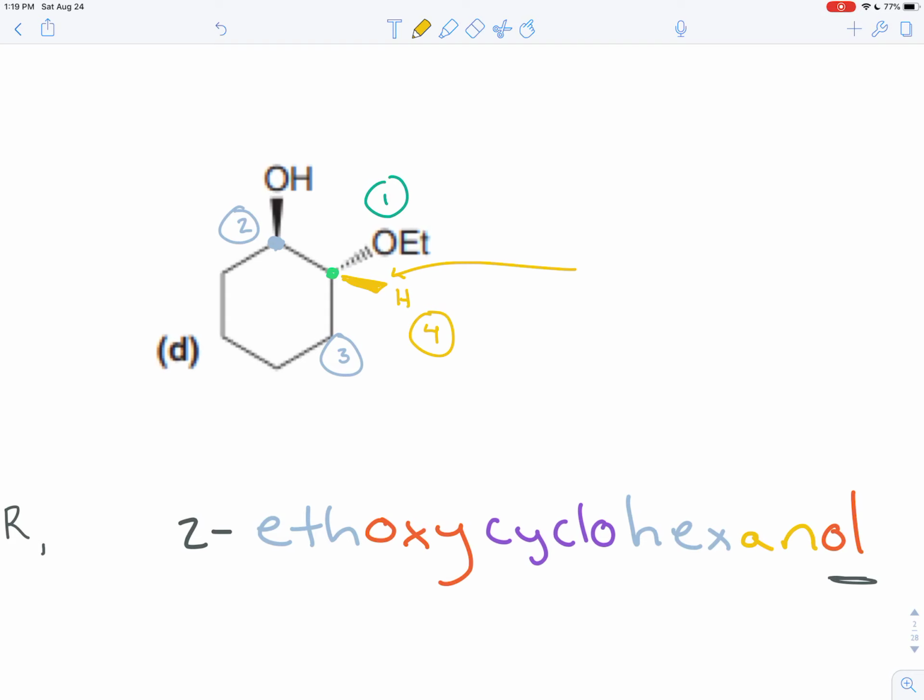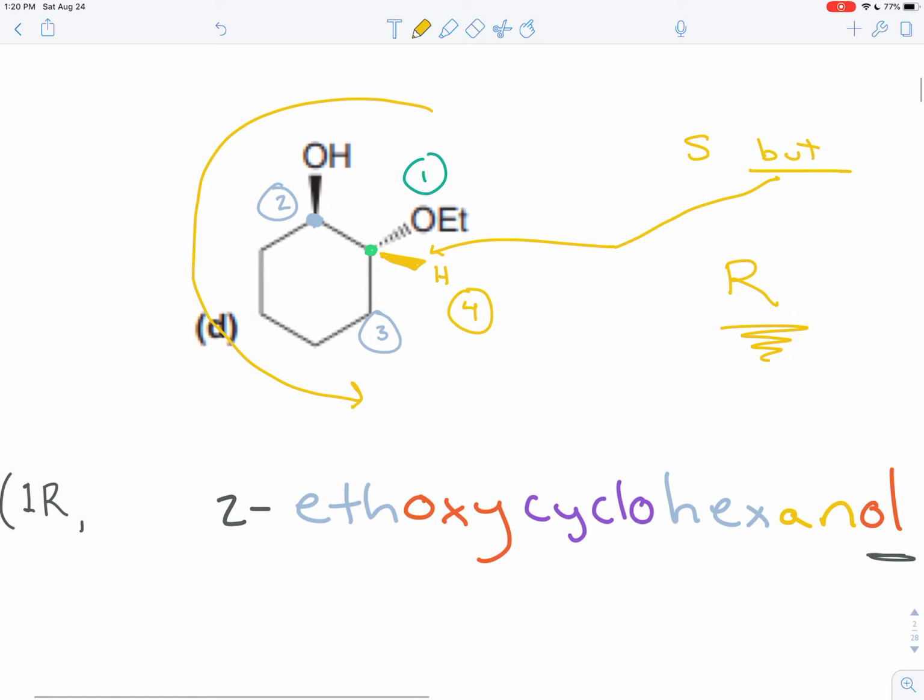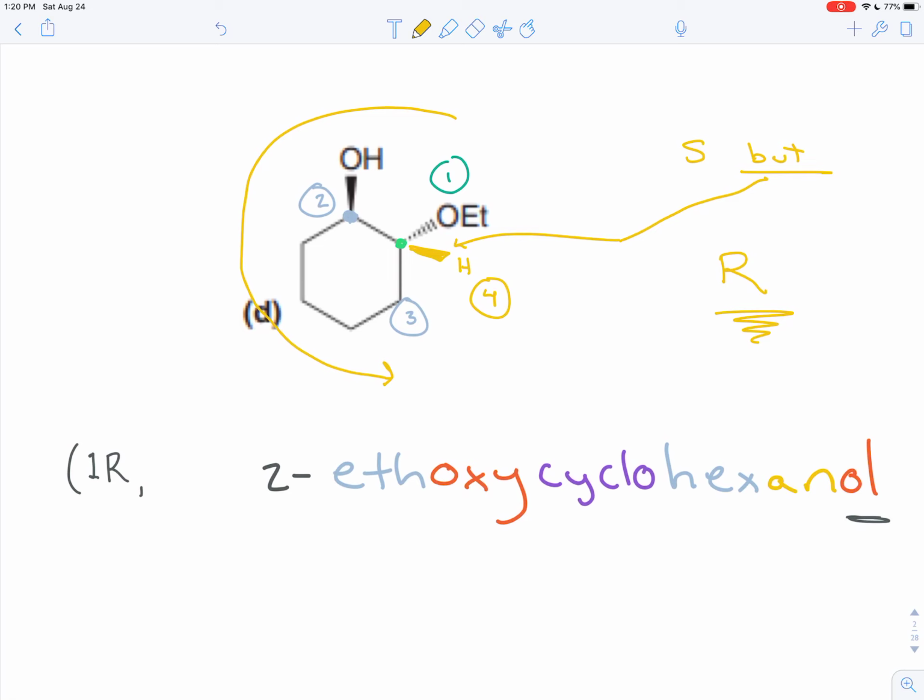Just after you get that assignment, flip it. So for example, here we go from 1 to 2 to 3. That is counterclockwise, and counterclockwise would usually be an S. But the fourth thing is coming out at us. So you flip it and it's actually R. That's the rule for that.